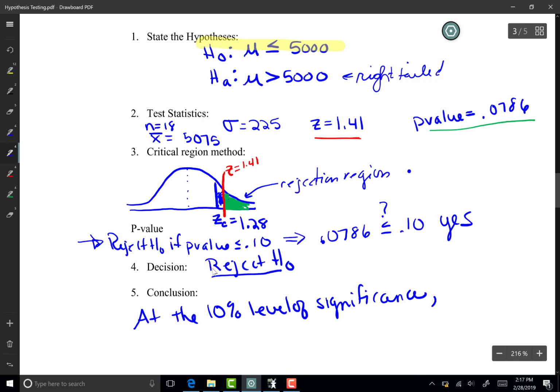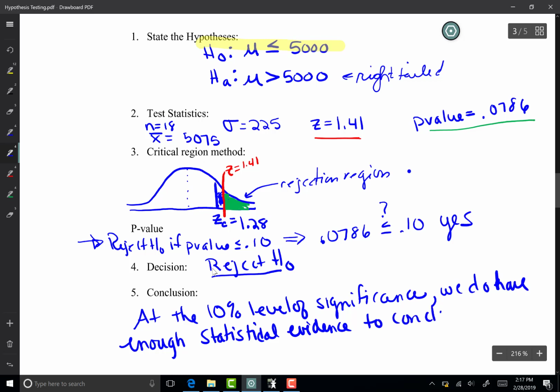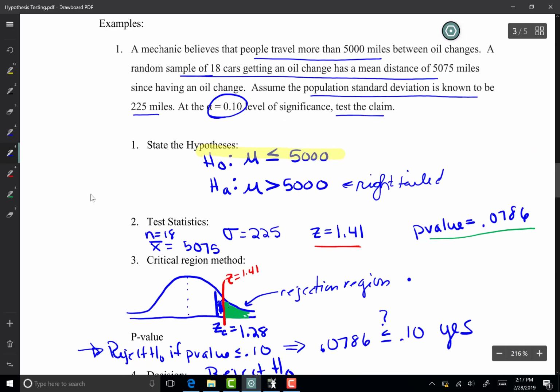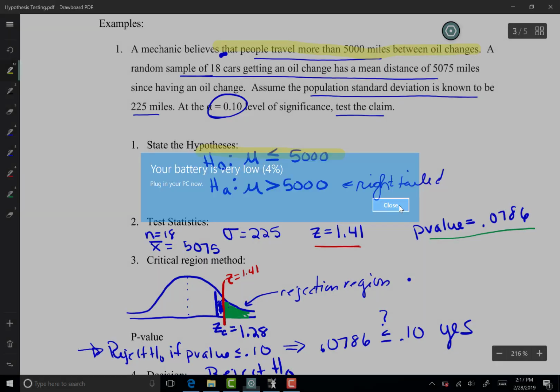So we did reject. So we do have enough statistical evidence to conclude that, and we have to look back at the problem now. What were we testing? We were testing the claim that people travel more than 5,000 miles between oil changes.